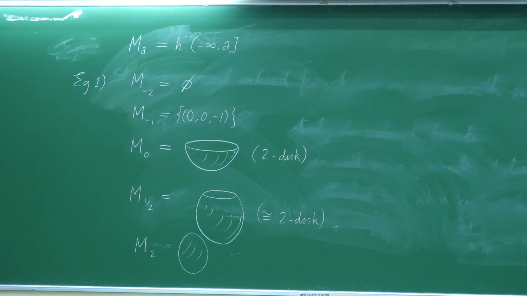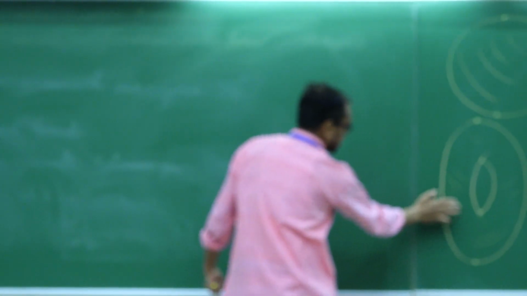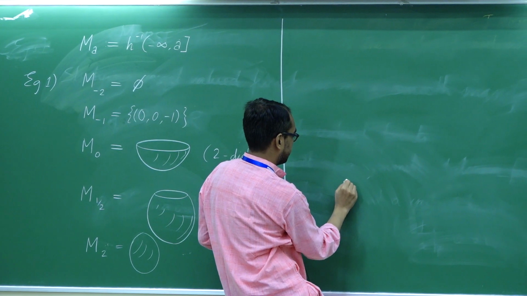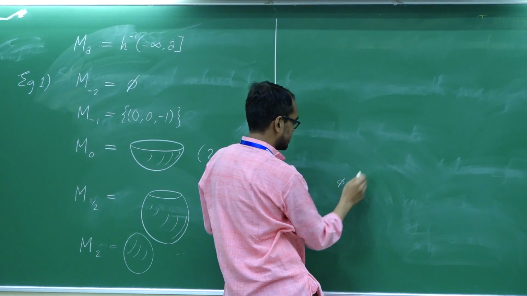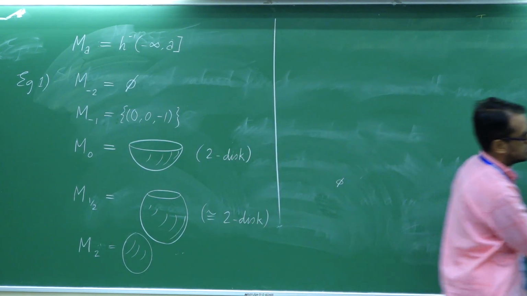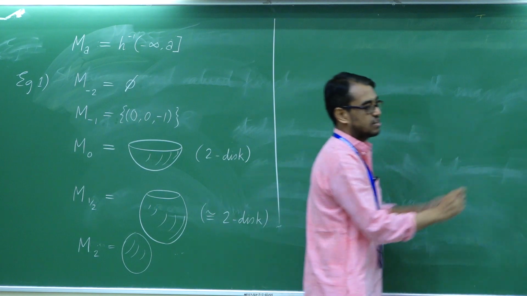Okay, so let's look at this one. Any questions? So if we start from the bottom again, let's say we start with this empty. You can choose the height you want, it doesn't matter.